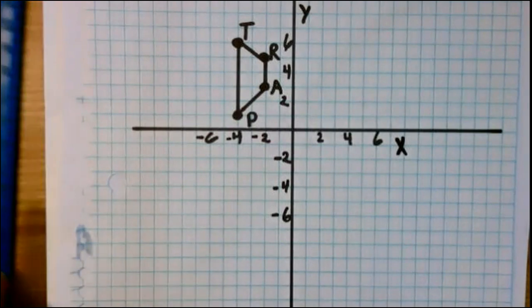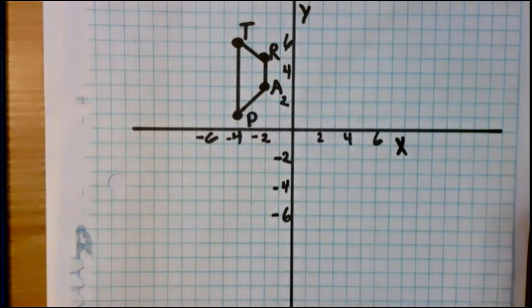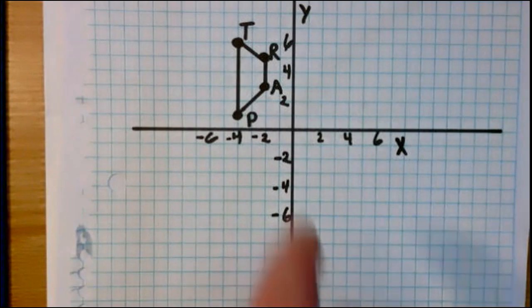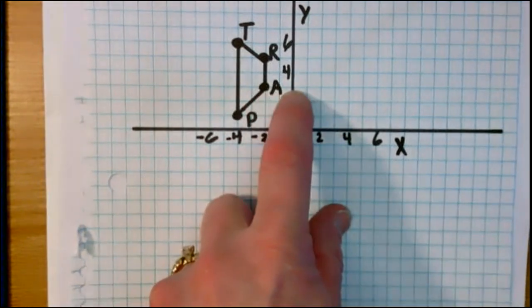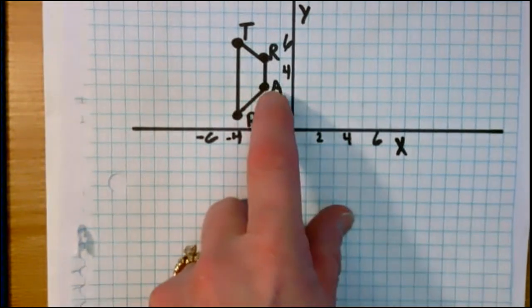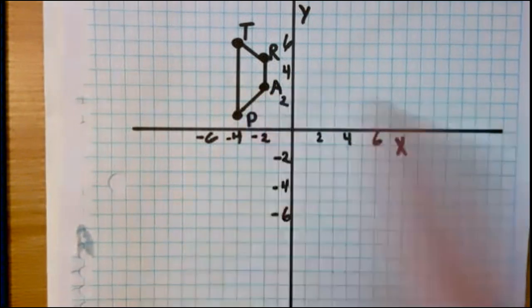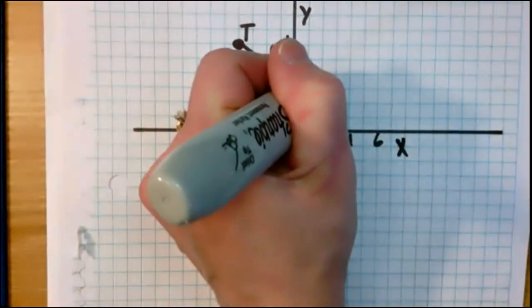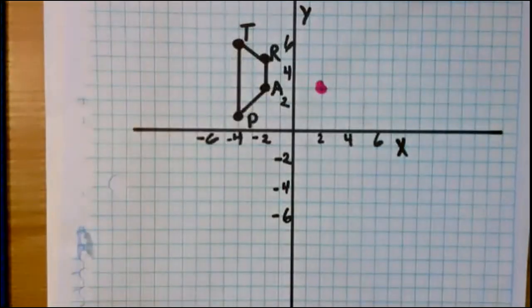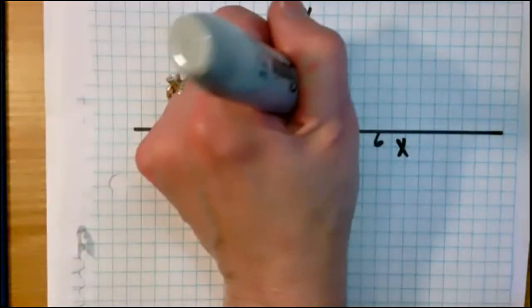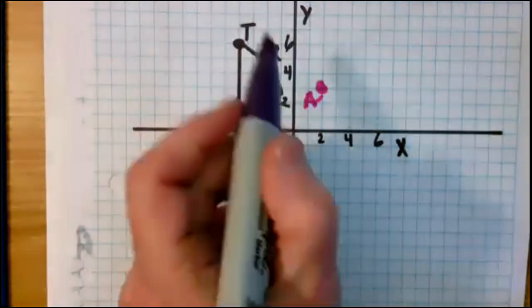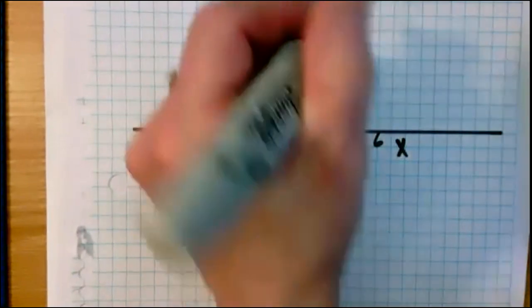Okay, so what we do is we take each point, let's make a different color here again, and it has to be the same distance on the other side of y. So A is 1, 2 points, so A has to be 1, 2 on this side, right? And then it'll be A prime. R has to be the same thing, 1, 2, 1, 2.